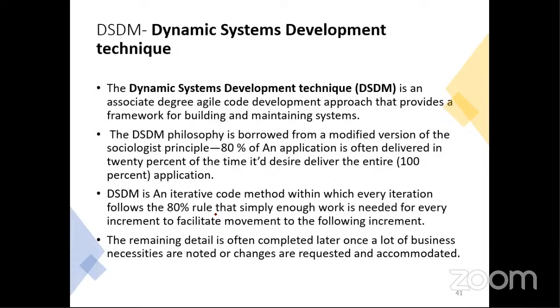The DSDM philosophy is borrowed from a modified version of the Pareto principle, that is, 80% of an application is delivered in 20% of the time it would take to deliver the entire application. So DSDM is an iterative method within which every iteration follows the 80% rule, that simply enough work is needed for every increment to facilitate the movement to the following increment.